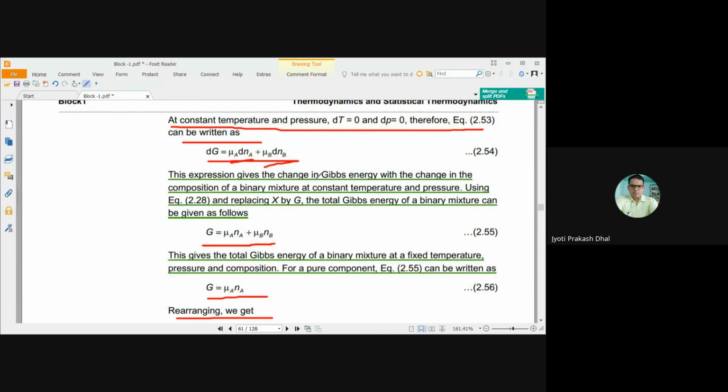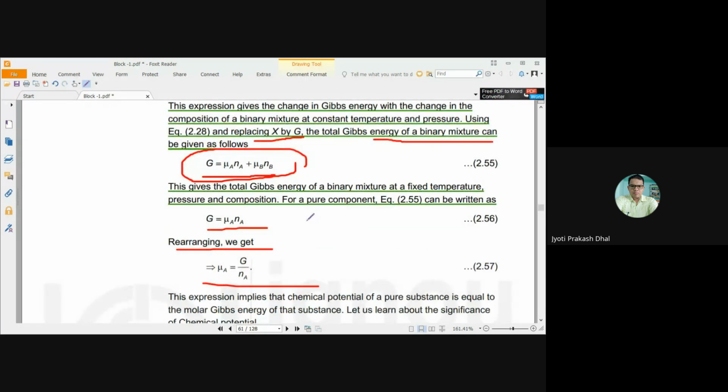This expression gives the change in Gibbs energy with change in the composition of a binary mixture at constant temperature and pressure. Using equation 28 and replacing the value of X by G, the total Gibbs energy of the binary mixture can be written as G equals mu A Na plus mu B Nb. This gives the total Gibbs energy of a binary mixture at fixed temperature, fixed pressure, and fixed composition.